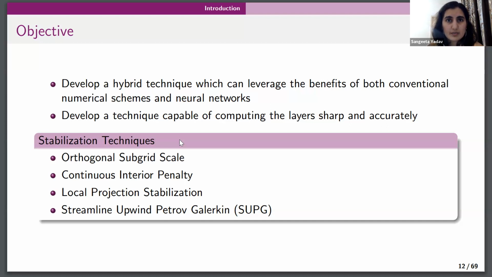Though there are many stabilization techniques available in the literature, like orthogonal subgrid scale, continuous interior penalty, local projection stabilization, and streamline Upwind-Petrov-Galerkin, herein we have only focused on the streamline Upwind-Petrov-Galerkin scheme because it's very popular in the context of finite element method and the singularly perturbed differential equation cases.